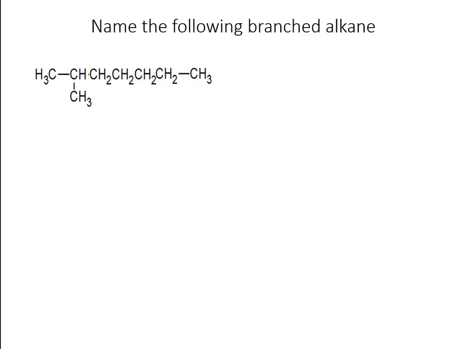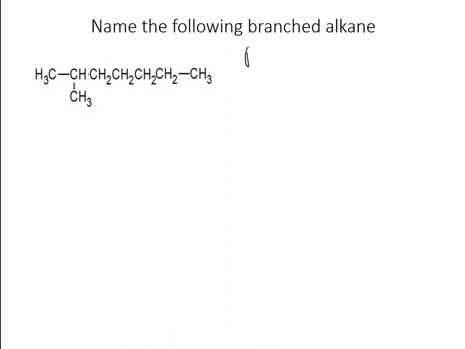Let us start with this alkane molecule. Name the following branched alkane. So how do we name it? First, we use rules that help us to name the alkane. I'll be outlining the rules pertaining to this molecule, and probably I will add more rules when we name the rest of the molecules.